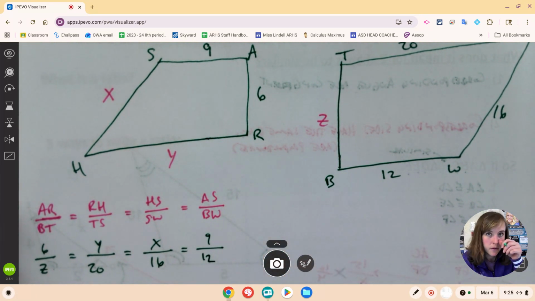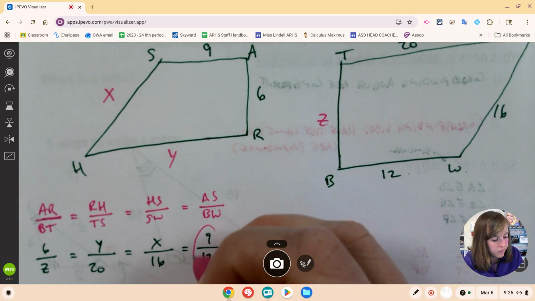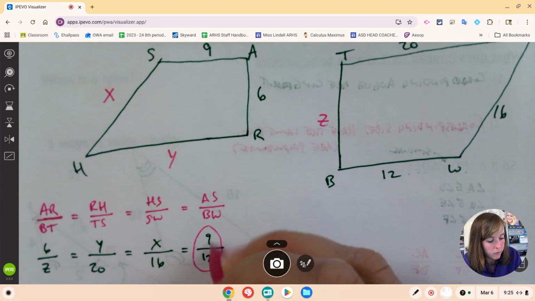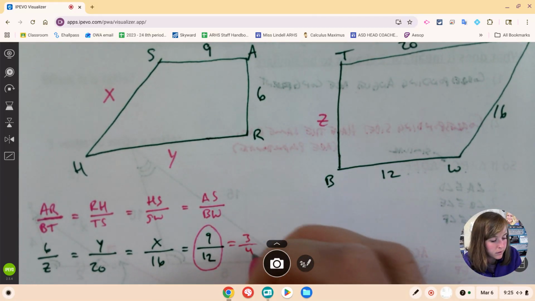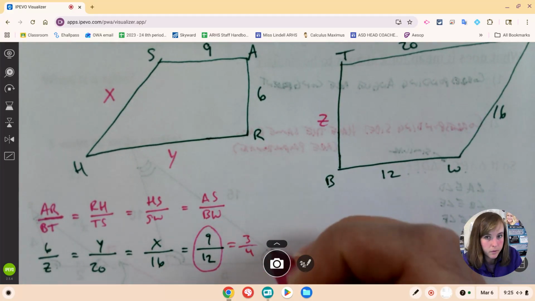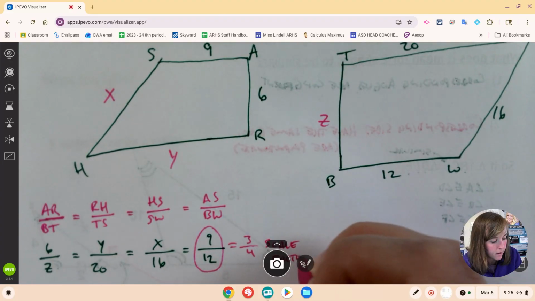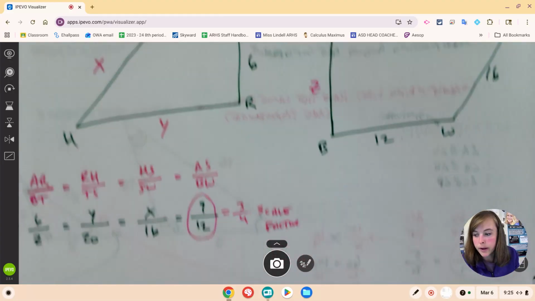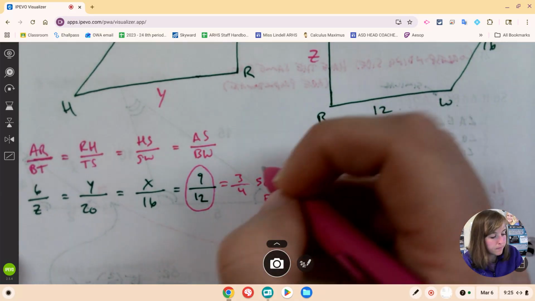Okay, so if we're looking for the scale factor here, this one's going to be our scale factor. It's the only one that has both numbers filled in. 9 over 12 is equal to 3/4. So this would be our scale factor. And if you're doing it the multiplying way, this would be the one that you use to go from big to small.